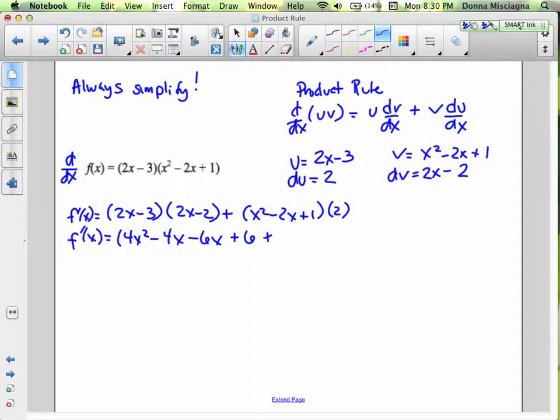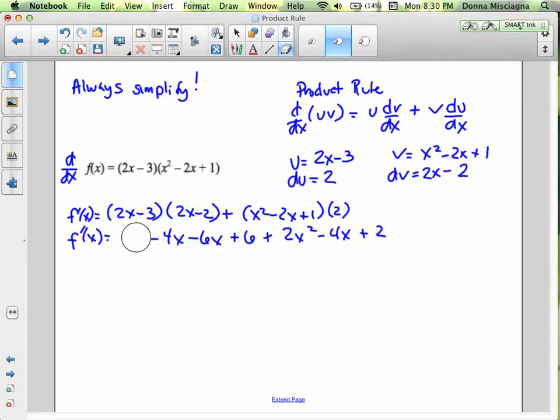So we'll have a 2x squared, a negative 4x, and a positive 2. And I don't see any multiplication errors. Let's combine.